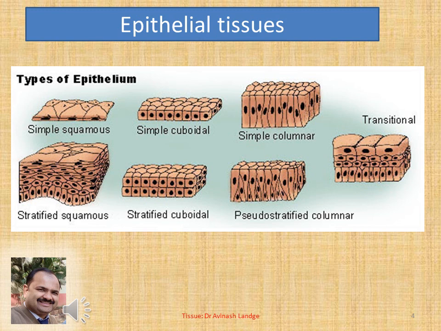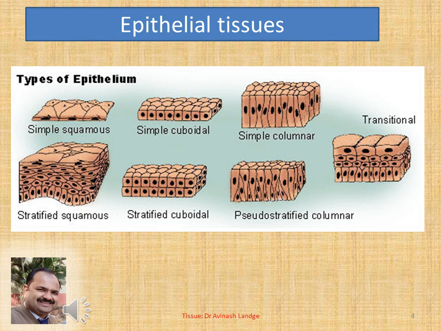It helps in the movement of ova in the fallopian tube. In 8th standard, we have seen the female reproductive organs, where the ovaries were there and the fallopian tube was there. From the ovaries, when the egg is coming to the uterus, the connecting link is the fallopian tube.